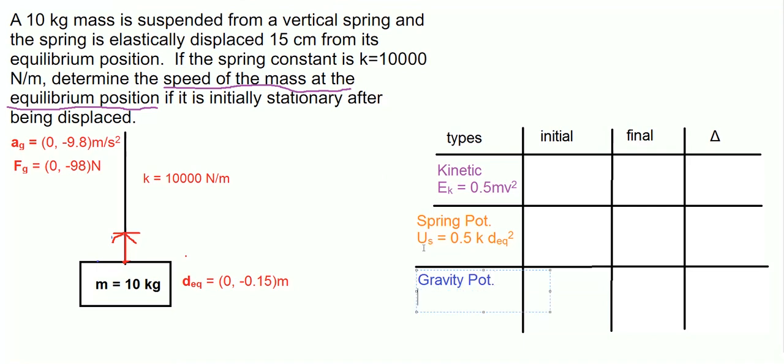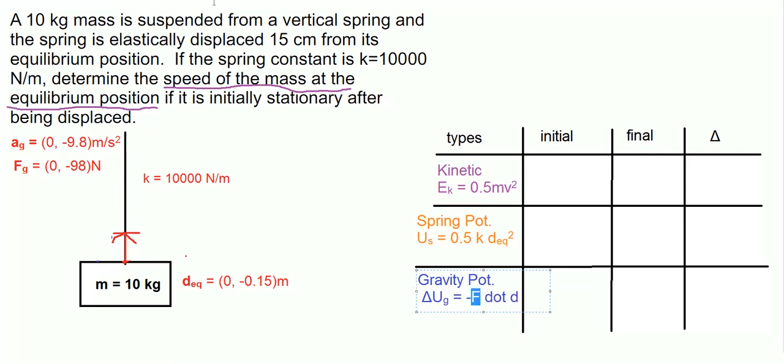Now this gravity potential here can be found by using the force of gravity and the displacement. The change in potential for gravity, as it is a constant force, is force dotted with displacement.